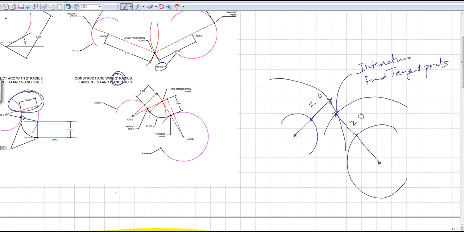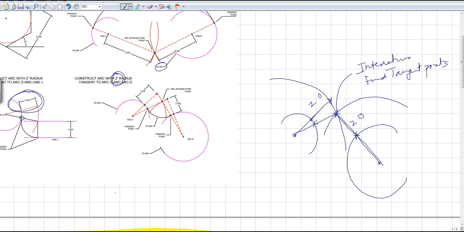So I am going to make a line from the intersection to the center to find my tangent. Okay, from the intersection to the center, which lies on the same point right here, and that's my tangent.